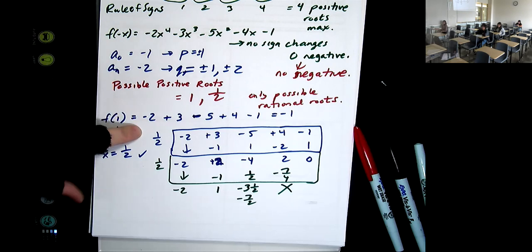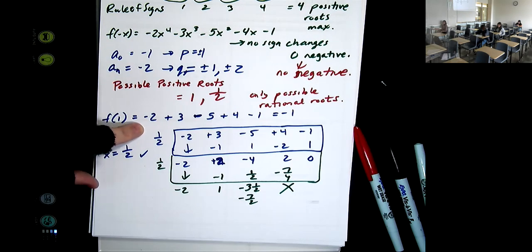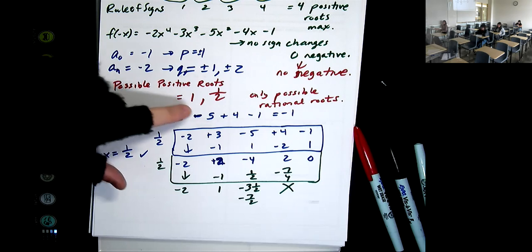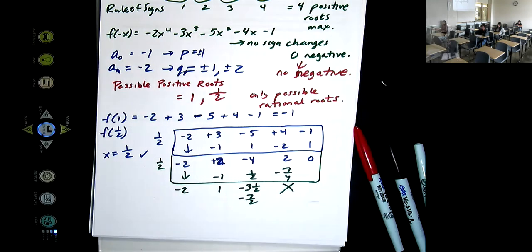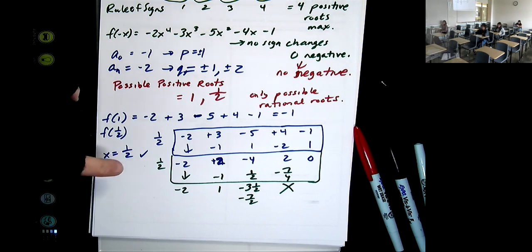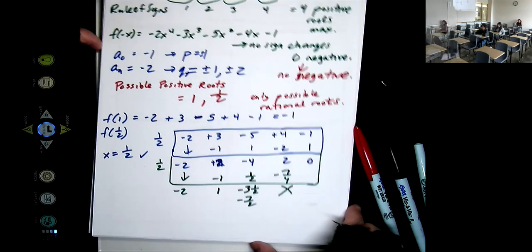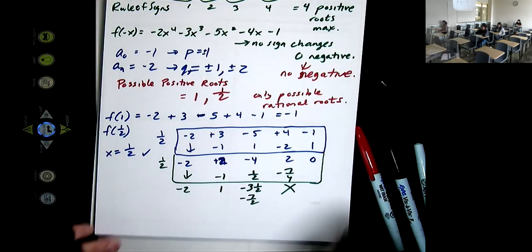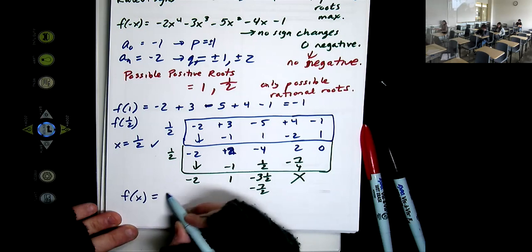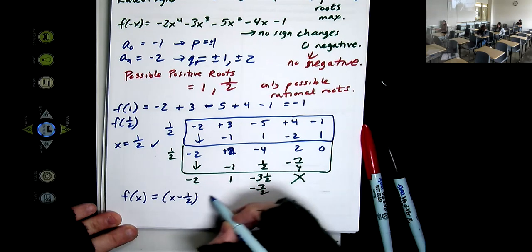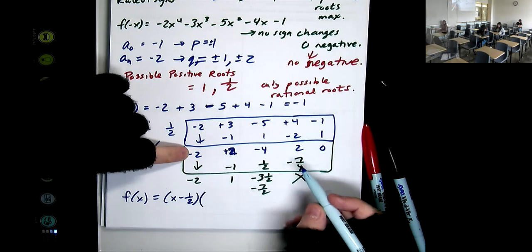Did I do that correctly? 2 plus 3 minus 5 plus 4, yeah. Huh. So the best we can break this down to is x minus 1/2 times this thing with coefficients right here.